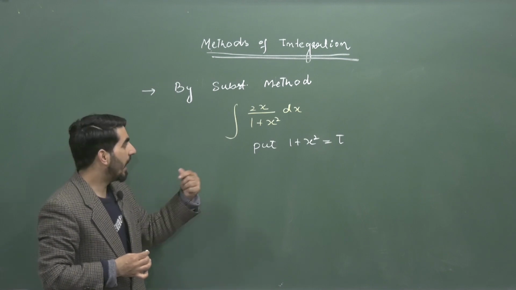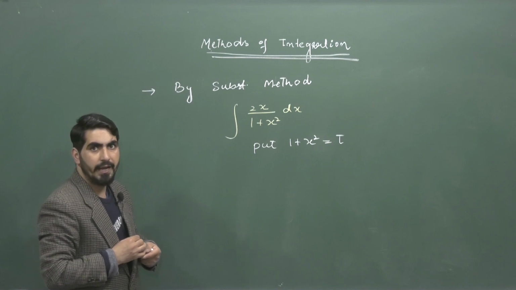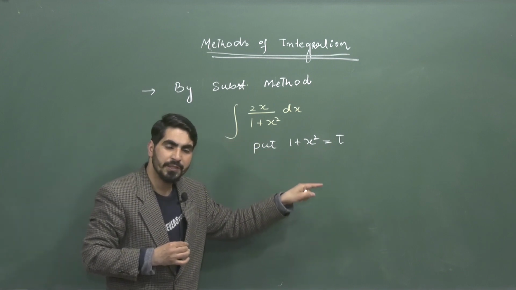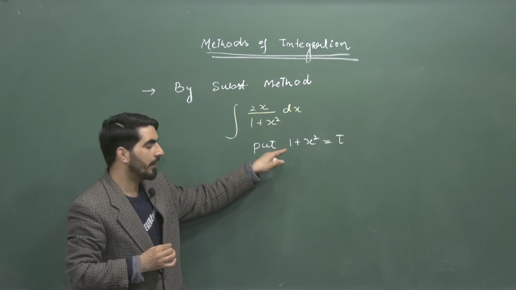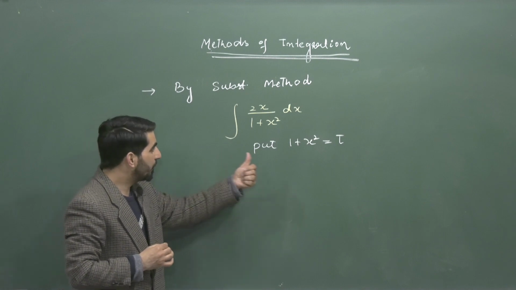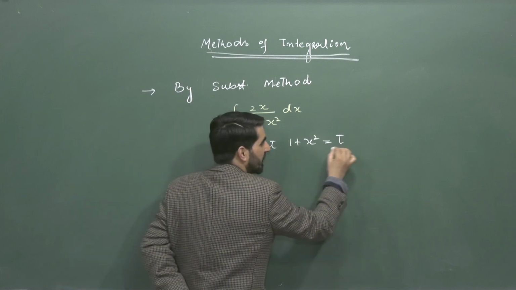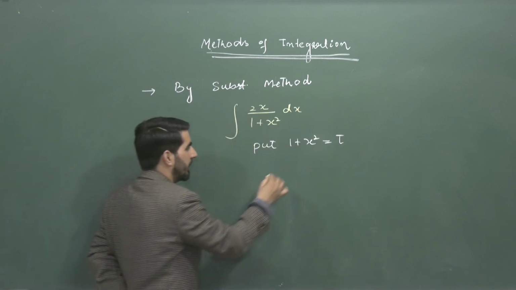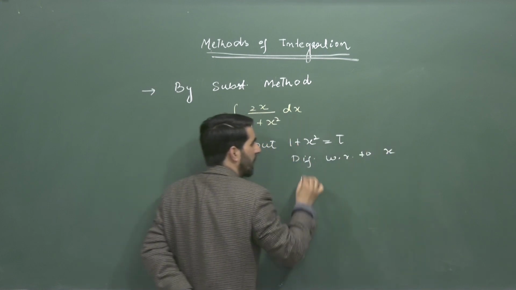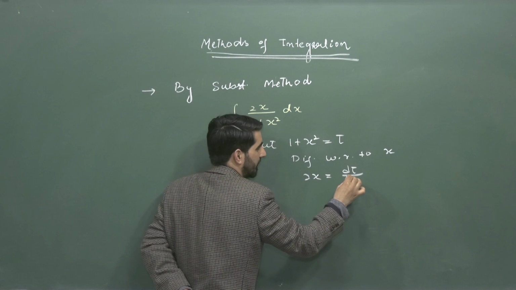That is why I put 1 plus x square equal to t. So here we differentiate this with respect to x, and we get 2x equal to dt divided by dx.